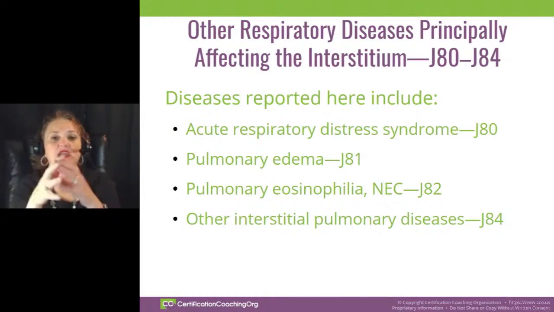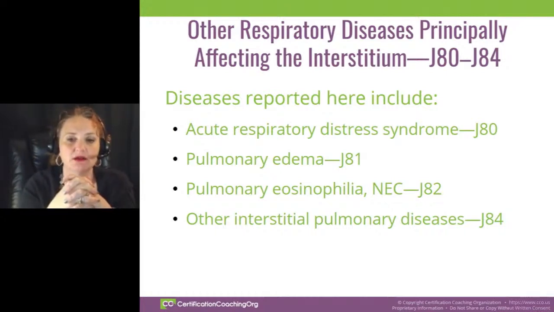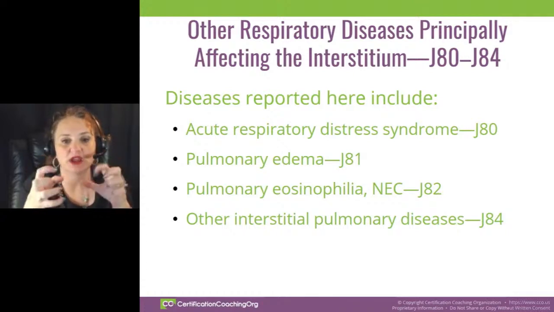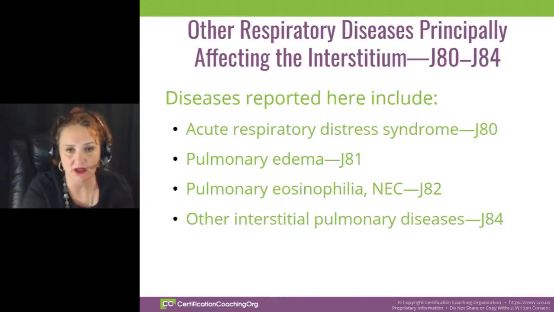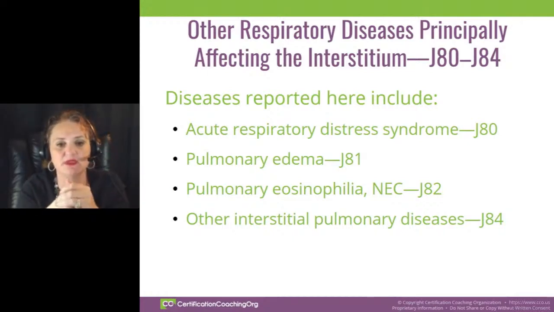So this is more or less the workings of the lung. Acute respiratory distress syndrome, J80, happens a lot of times with people that have asthma, and it's not respiratory arrest, but it's similar. Pulmonary edema, so we've got fluid buildup in the lungs that's not pneumonia. Okay, this is pulmonary edema.